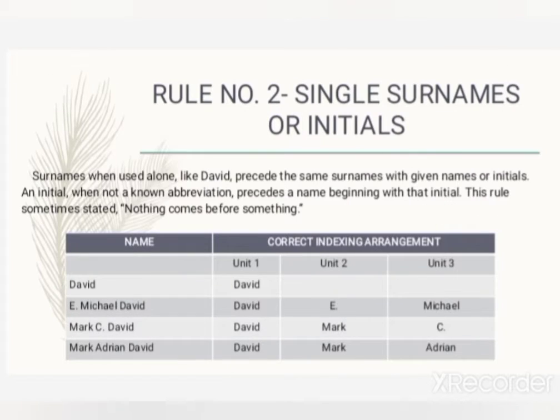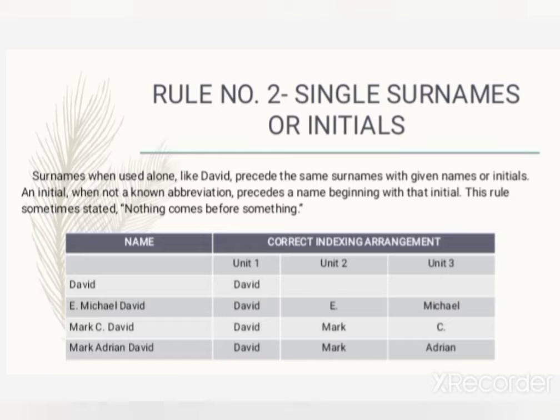Rule number 2, single surnames or initials. Rule number 2 is sometimes stated as nothing comes before something. When the surname is used alone, the surname should be ahead. For example, if only the surname is used, it is always indexed in unit 1.